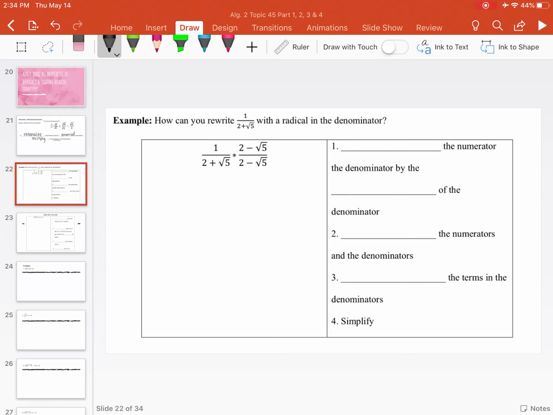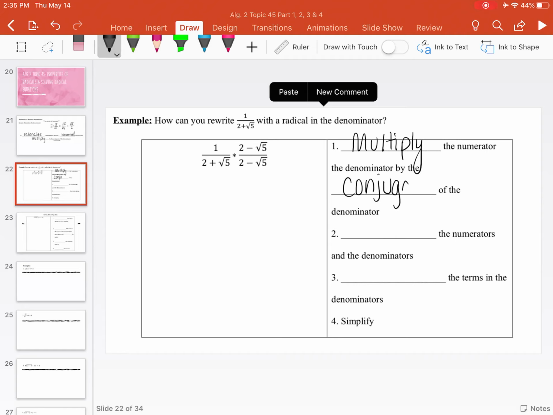What we first need to do is multiply the numerator and the denominator by the conjugate of the denominator. Here, the conjugate is written out for us. So we want to look at our denominator.